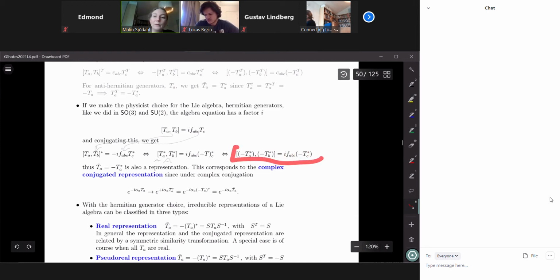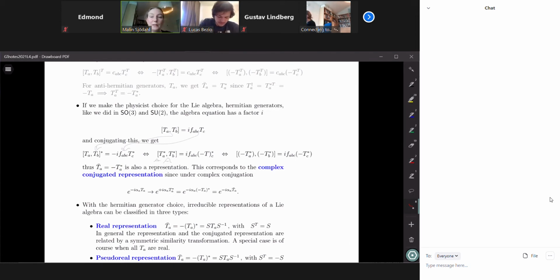So now here I have exactly the same equation for the algebra as here. The only difference is that I have a minus and the generator complex conjugated, but I have that in all three places. From this, we see that minus TA star is actually also a representation because it satisfies the commutator relation. It has the same algebraic structure.